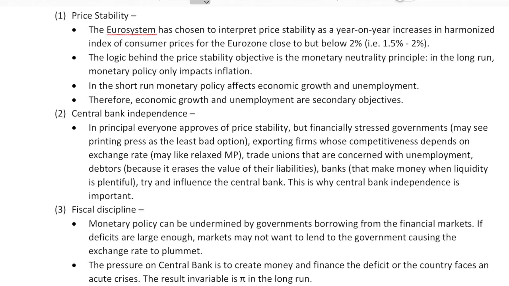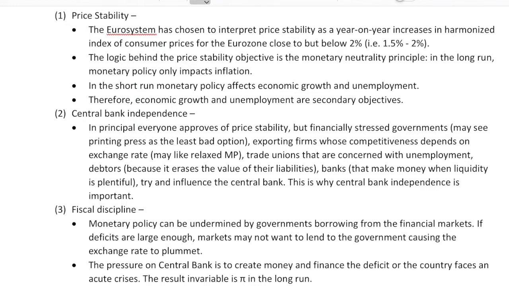And so in the short run, if you're really smart at how you use it, it can help with ensuring full employment. And so full employment then becomes the secondary objective. Now, this is different than the US Federal Reserve's objectives. Remember, the US central bank, known as the Federal Reserve, has a dual mandate, and the dual mandate is price stability and full employment.